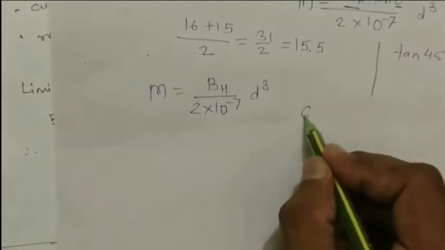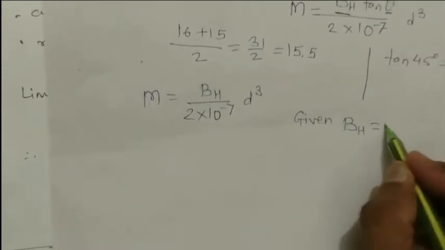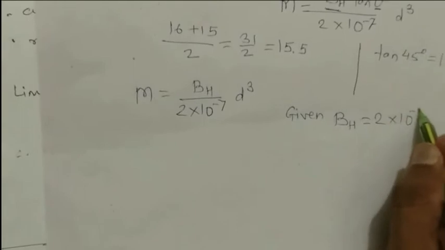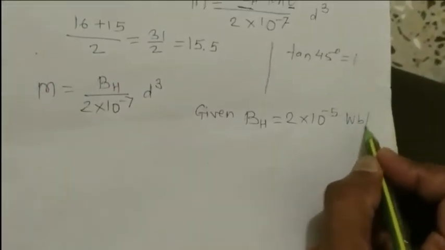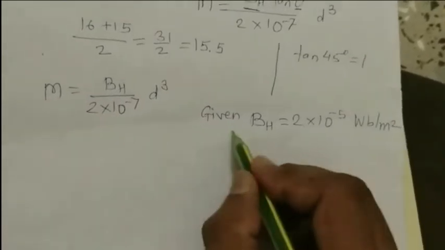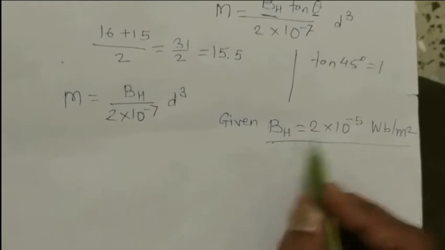The given value of BH is equal to 2 into 10 raised to minus 5 Weber per meter square. This is the given value of the horizontal component of the Earth's magnetic field.